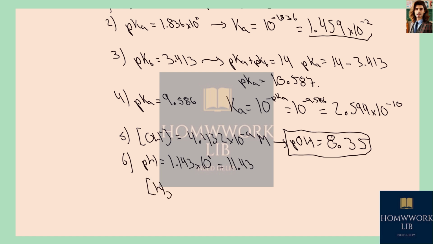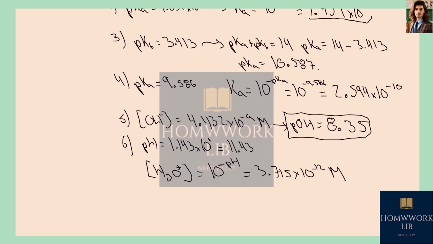And the same thing goes with the concentration of hydronium with the pH. It's the same thing as with the pKa. It's 10 to the minus that value. Okay? So the value is going to be 3.715 times 10 to the minus 12 molar. In this case, I can use molar concentration, right? Because this comes from the concentration value.